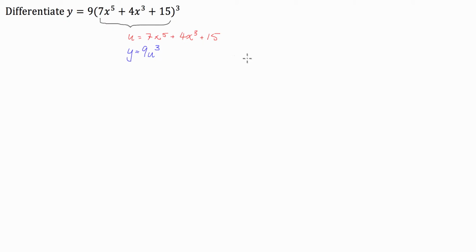I'll stay with this colour. So the chain rule says that if we're looking for a derivative of a function that looks like this, so if we're looking for dy dx, this is going to equal the derivative of the outside function, which in our case is y in terms of u.